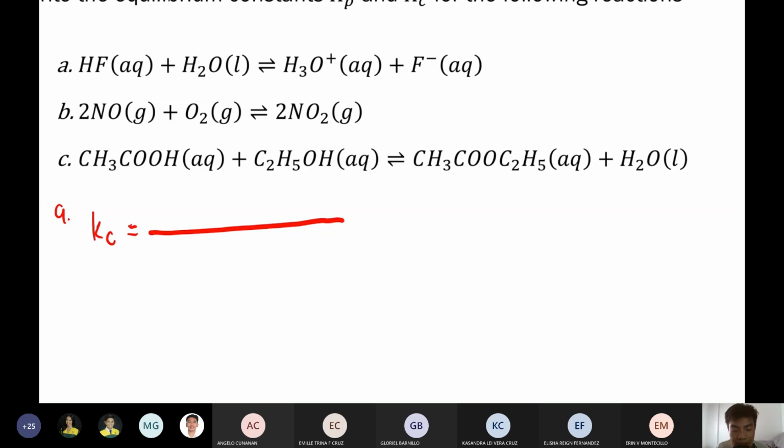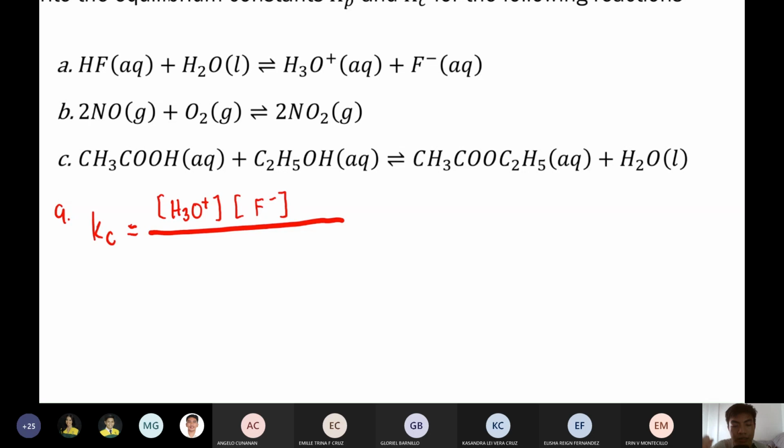Okay. So, let's write the Kc for letter A. So, on the numerator, we are going to write the concentrations of the product side. So, that will be the concentration of hydronium ion times the concentration of fluoride ions.